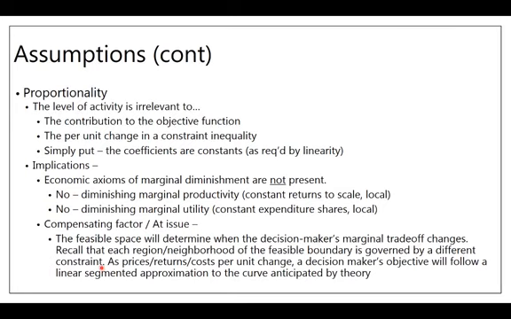That means that as you move around the corners of the feasible space, those trade-offs are going to change. And so you get something that could look like a normal supply function, like a normal demand function out of these.